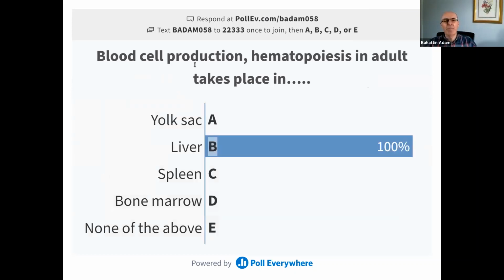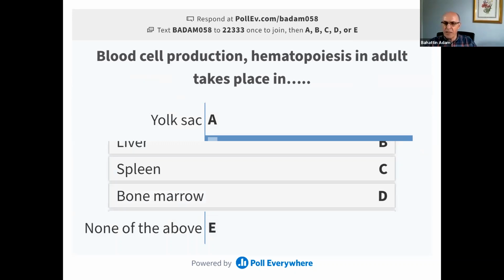Okay, the blood cell production, which is hematopoiesis in adults, takes place in the bone marrow. In the yolk sac and liver, they produce blood cells during development in fetal life, before the birth, which we call the prenatal stage.